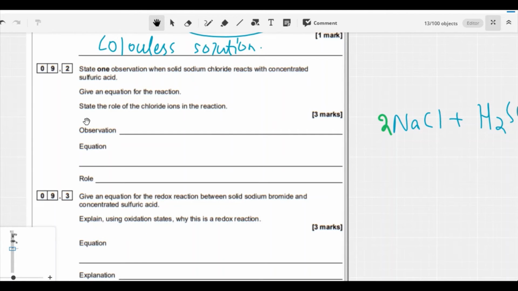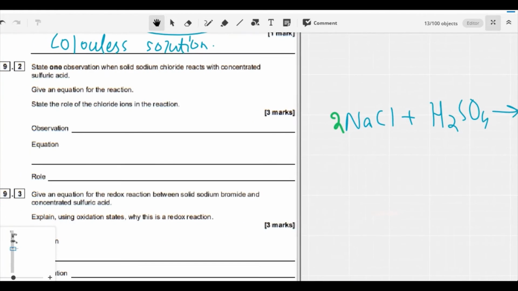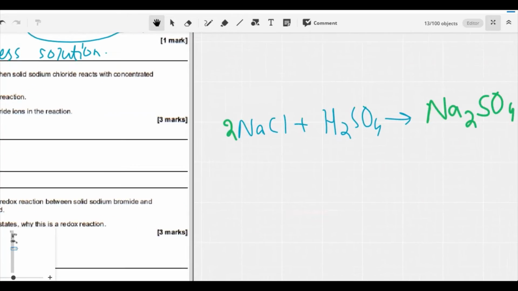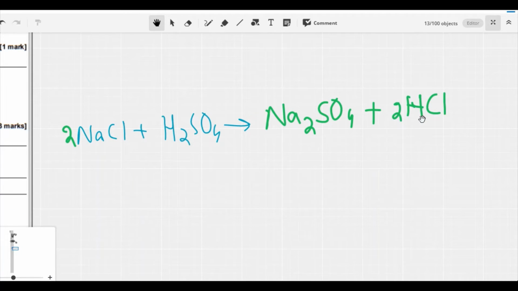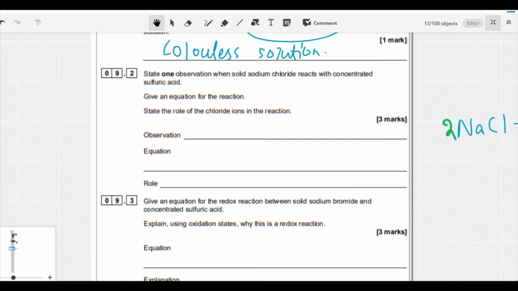So the question is, write the equation. Here I already wrote it. Now what will be your observation? You can see the evolution of hydrochloric acid. Hydrochloric acid is actually a gas, so there is production of white fumes, misty or steamy white fume gas.